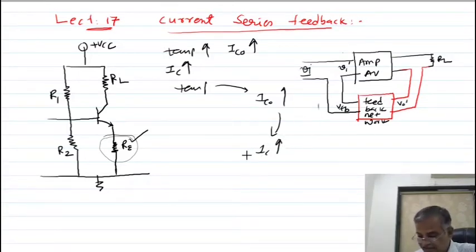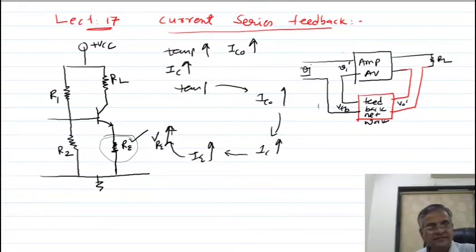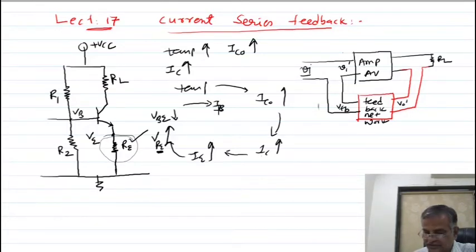As IC increases, emitter current increases. As emitter current increases, voltage drop across RE increases. As VE increases, VB decreases. As VB decreases, your base current decreases. As base current decreases, your collector current decreases.